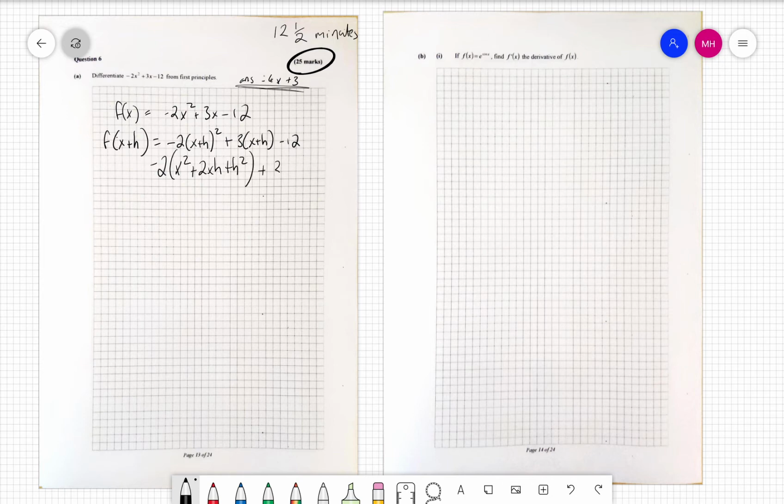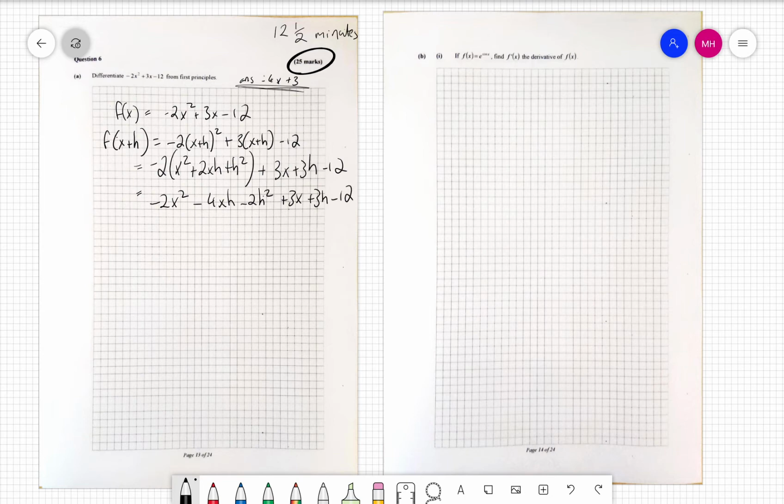Multiply the 3 in, you're getting 3x plus 3h minus 12. So multiply the minus 2 in here, it's minus 2x squared minus 4xh minus 2h squared plus 3x plus 3h minus 12.